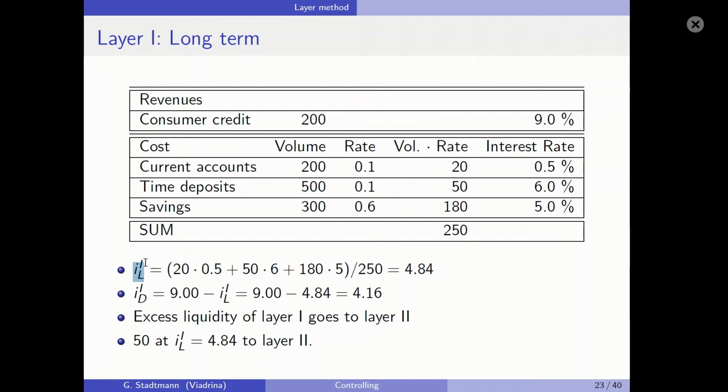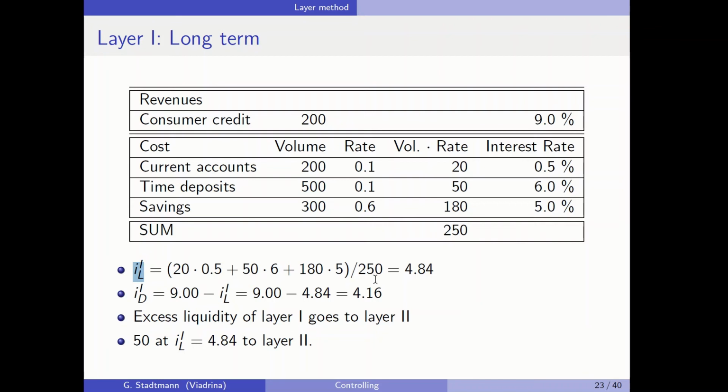This upper index indicates Roman 1 for the first layer, and this little l here indicates liabilities. So let's compute this weighted average for the interest rate on the liabilities. 20 times 0.5, 50 times 6%, 180 times 5%, and then we divide by the sum of 250.